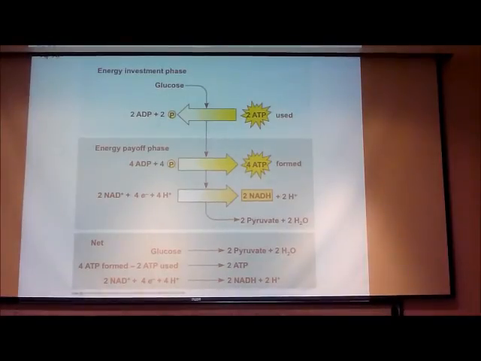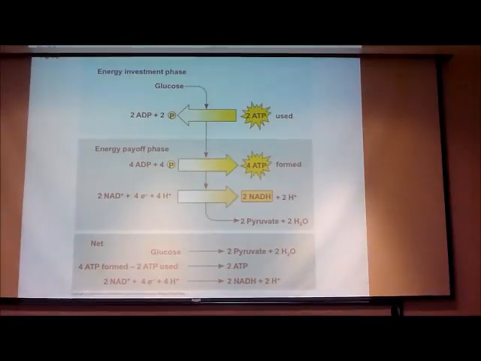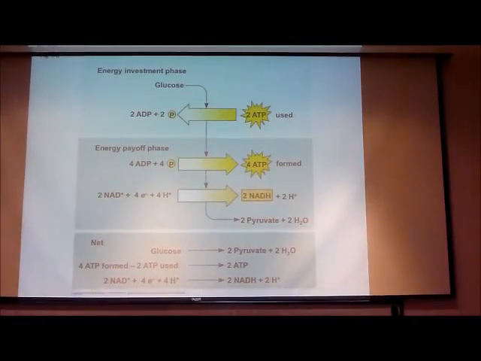Now, the other thing I need you to be aware of is that while we're performing glycolysis, we're performing redox reactions, so reduction and oxidation reactions, which is Allison's favorite topic. While we're doing that, we're removing electrons from some of the intermediates here and transferring those electrons onto these molecules of NAD+.